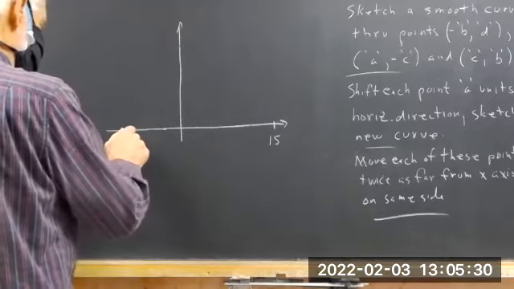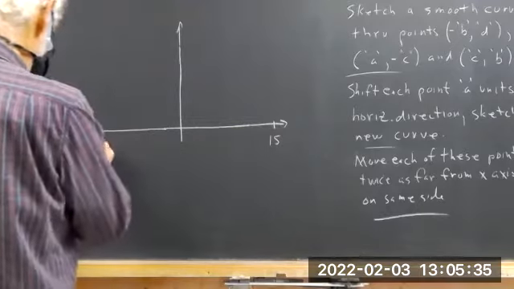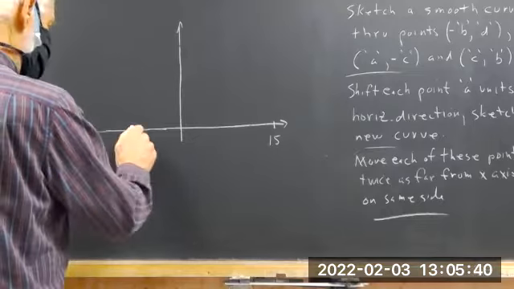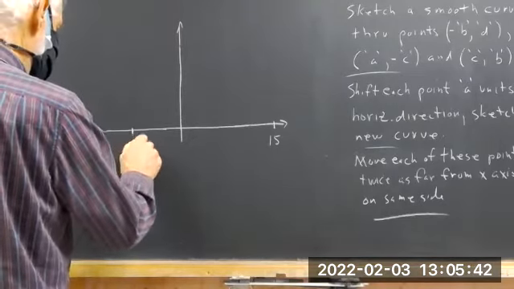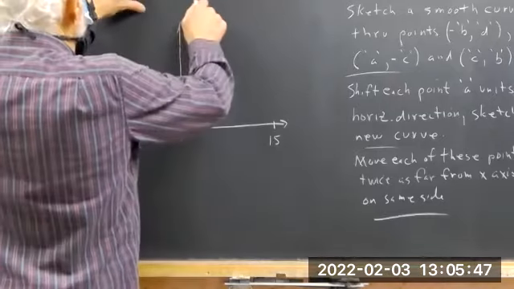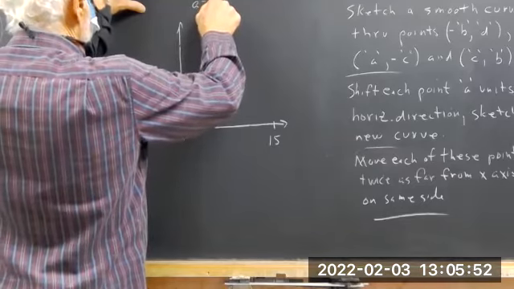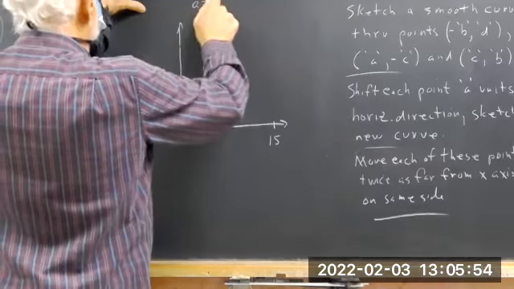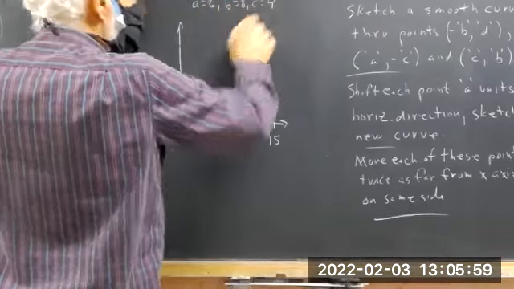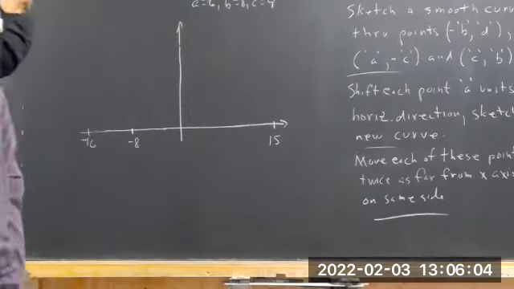Now, let's say B is -8. So that's 15, then -16 would be maybe right here. -8 would be maybe here. Okay. So if B equals 8, B equals 9, then what's going to look like this?